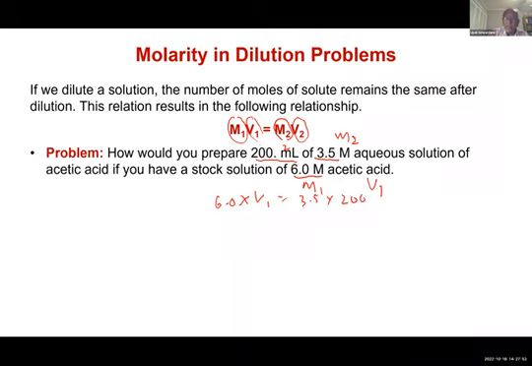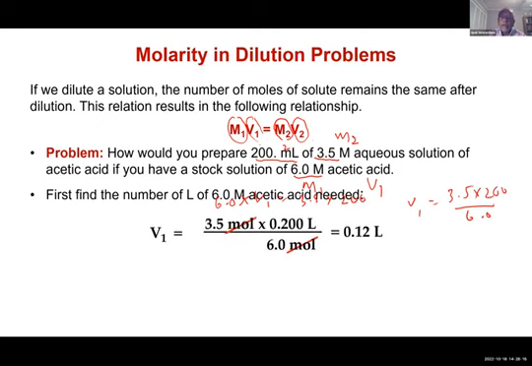Therefore, V1 is equal to 3.5 times 200 divided by 6.0. What does that mean? You take the stock solution and find the volume, V1. You take 0.12 liters of the stock solution, and add water.